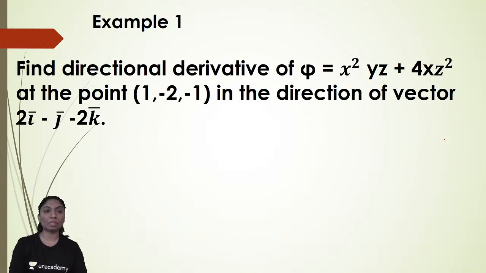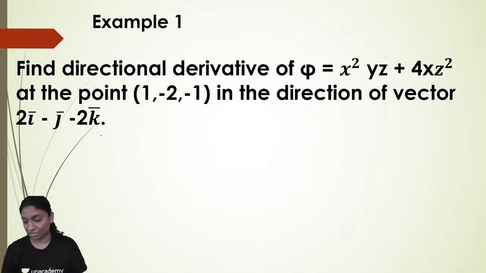Okay. Now, first example: find the directional derivative of phi equal to x square yz plus 4xz square at the point (1, -2, -1) in the direction of the vector 2i bar minus j bar minus 2k bar. Okay, we will see how to find it. Now first of all, for that we have to use the vector 2i bar minus j bar minus 2k bar.